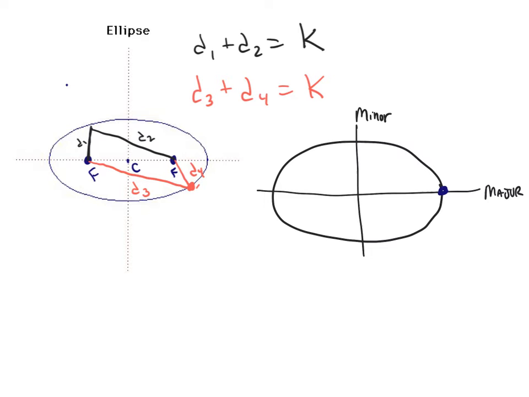The endpoints of the major axis we call vertices. So on both sides we have a vertex on the edges of the major axis. On the edges of the minor axis we have what are called covertices.